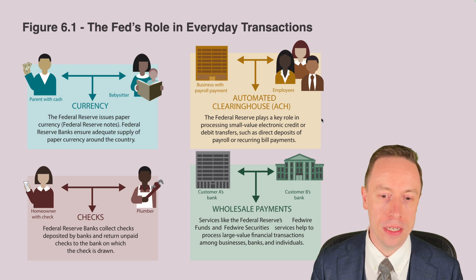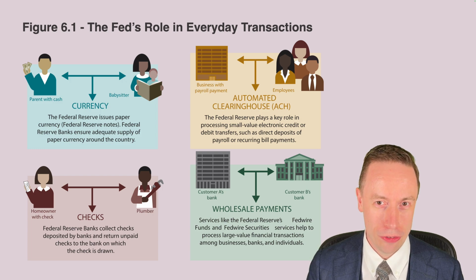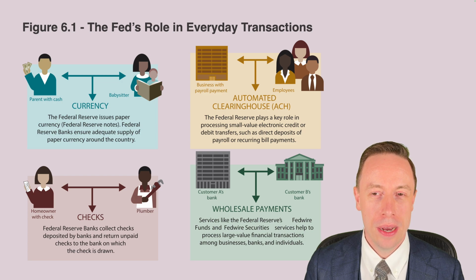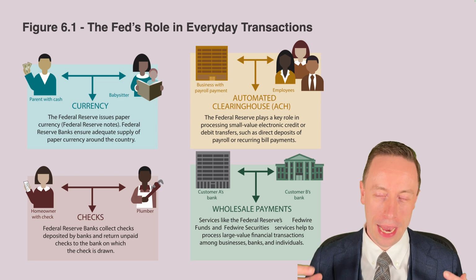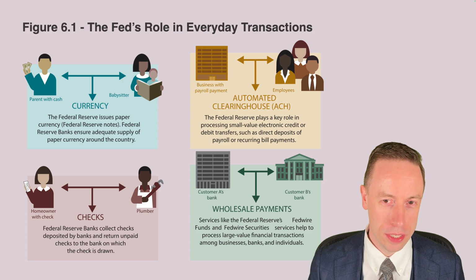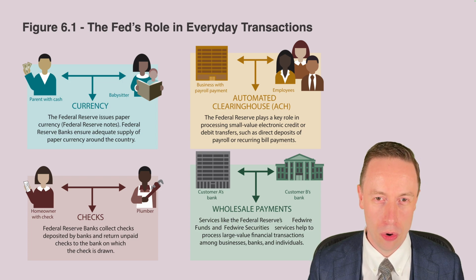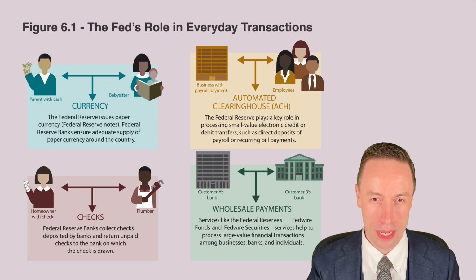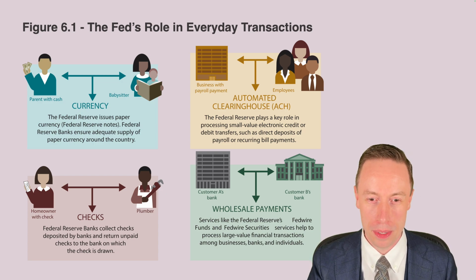And then finally, if you have really large amounts of money you have to move around, or even certain types of government securities, you want an extra sort of guaranteed system that the money is going to arrive. No bounced transfers if you're trying to make a down payment on a house, for example.